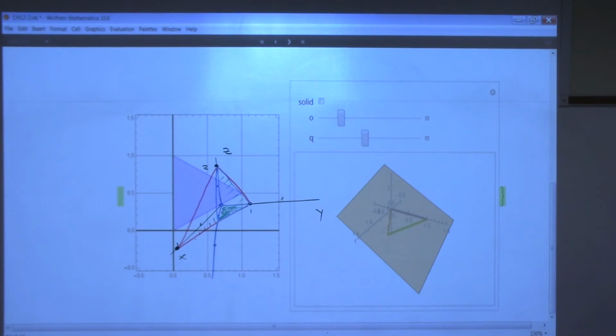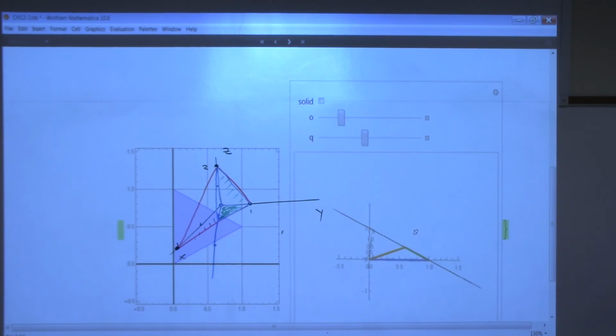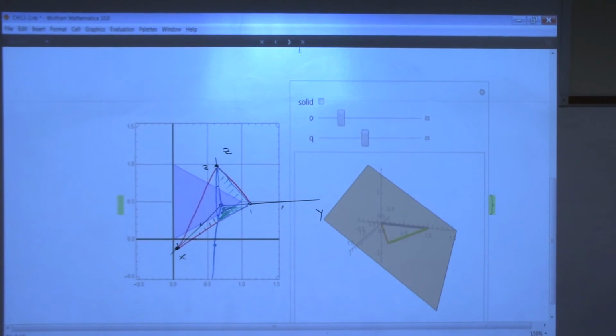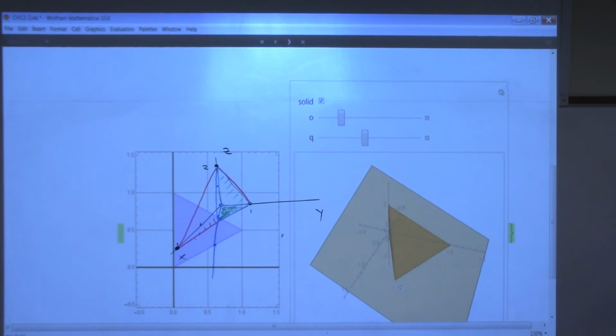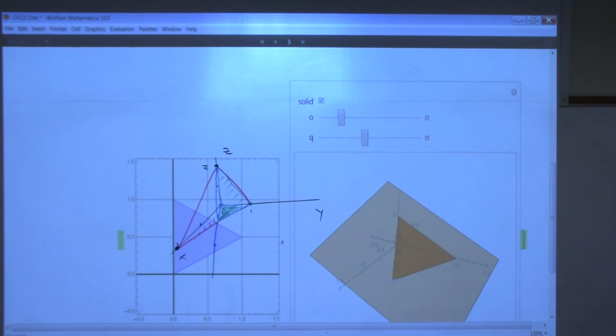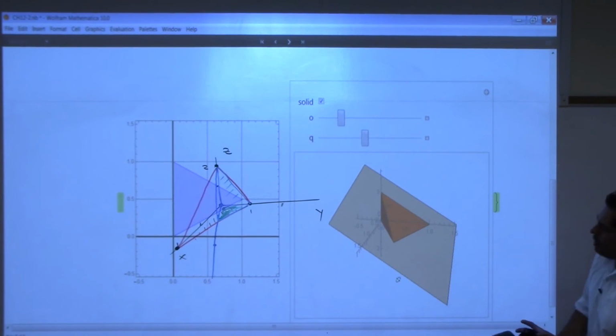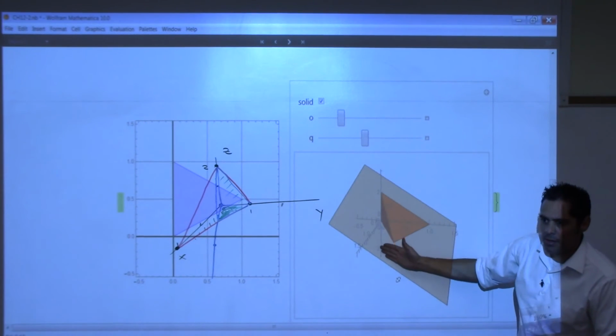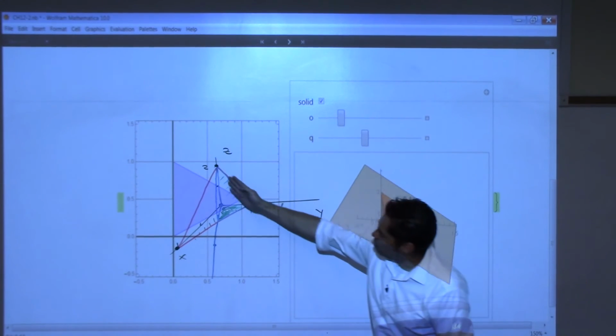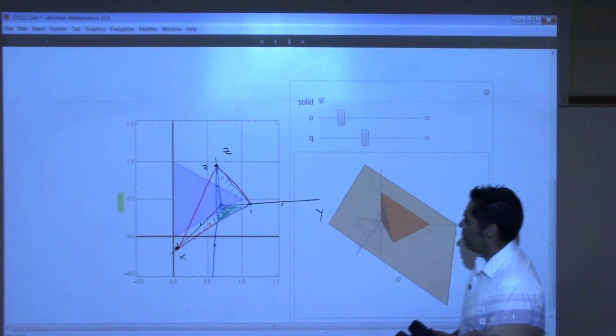We all agree this is the plane? Well, I didn't show much here, sorry. I thought I was going to show more detail. There you go. All right, so that's it right there. Do you see where that plane came through and sliced that thing right there? That's what I was trying to show in here, that slice through there.